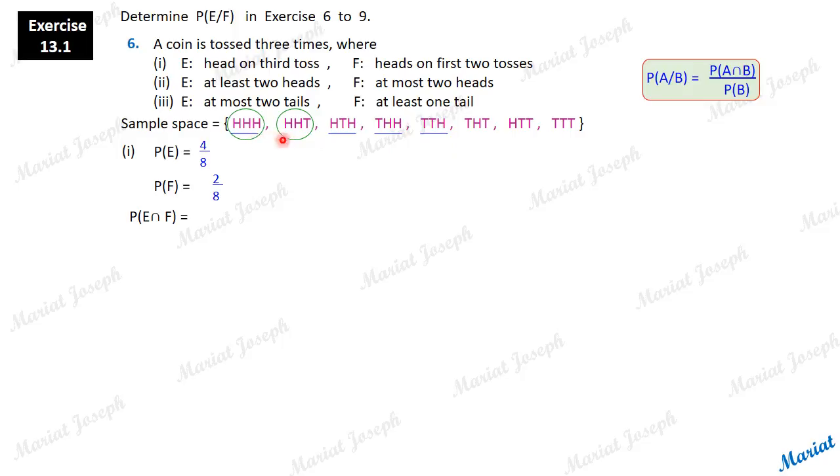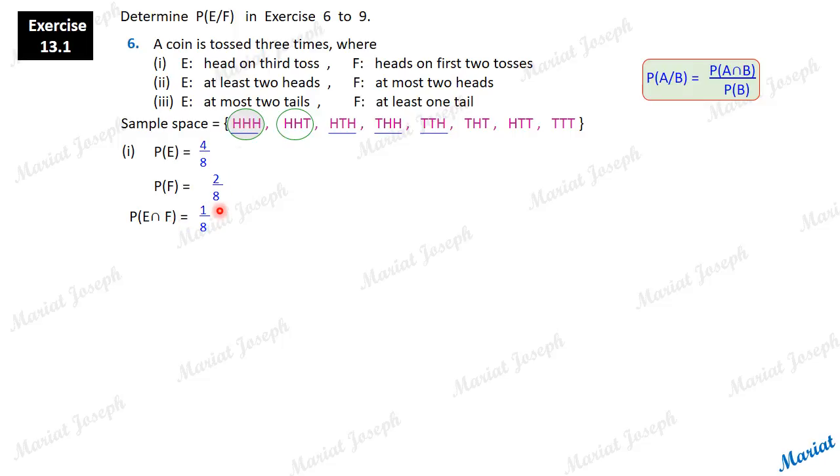Let us see, is there any outcome satisfying both? Yes, this is the one. It is underlined as well as circled. So this is the only one common to both events E and F. Hence, probability of E intersection F will be 1 out of these 8. Only one common element to E and F, 1 by 8.